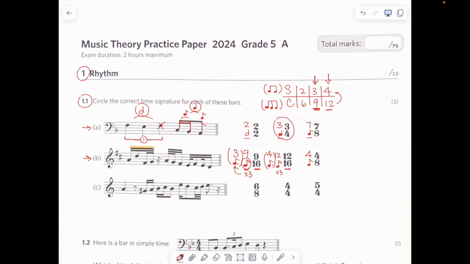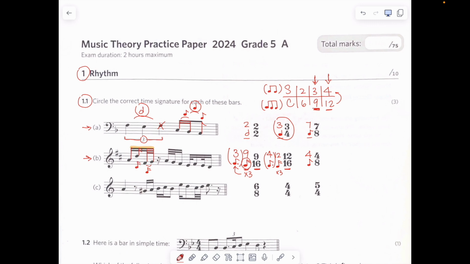Usually you will start by looking at the smallest value, which means here and here, we've got 1, 2, 3 beams. They are demi-semiquavers. So what do 2 demi-semiquavers make? Together, it will be 1 semiquaver. Then the next one here has 2 tails. 2 beams means 2 tails, so this is just a semiquaver.